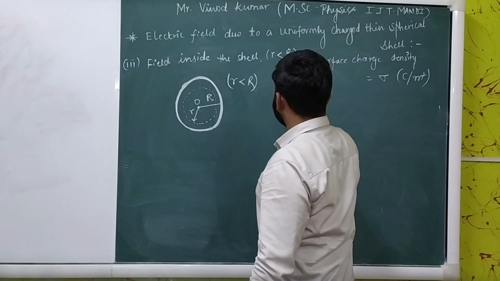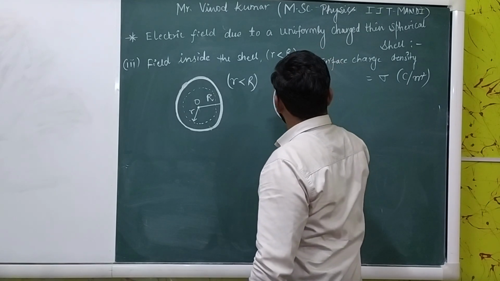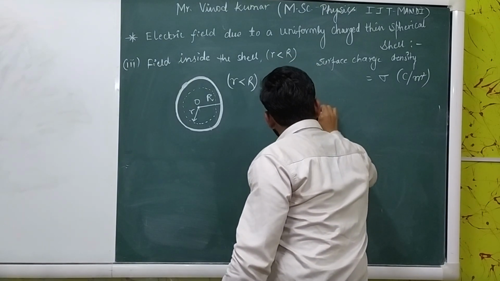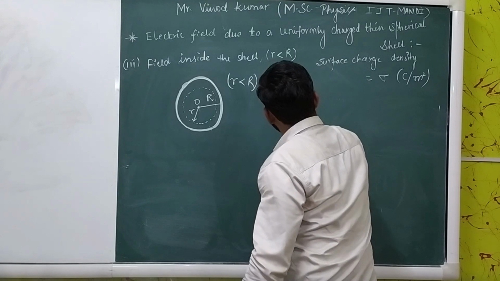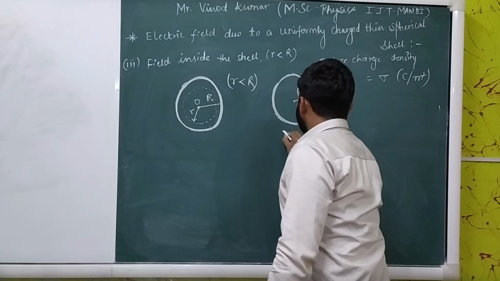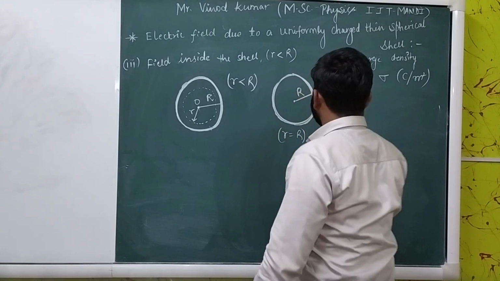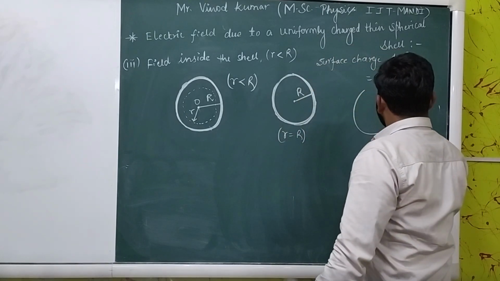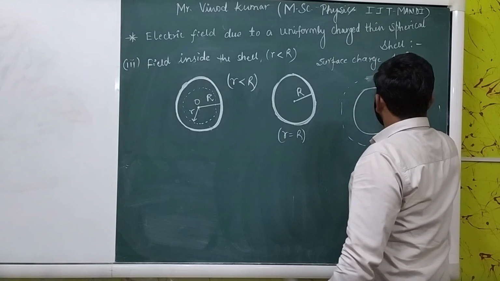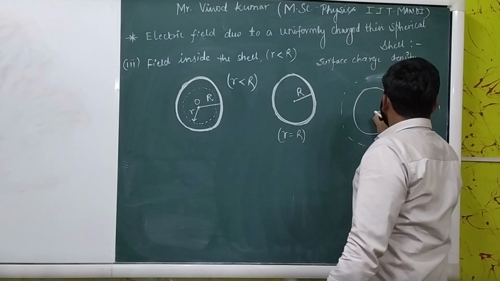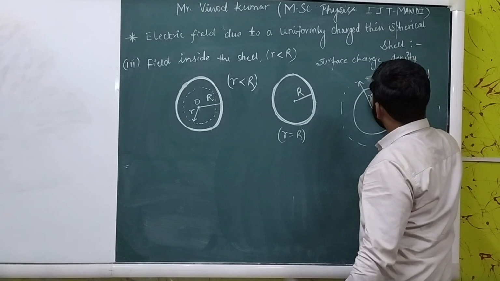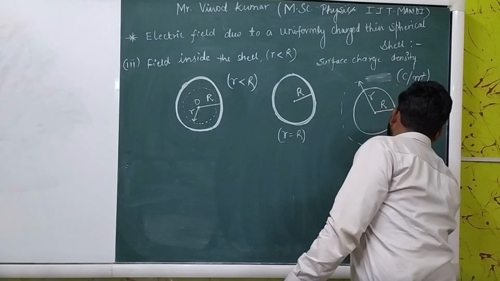The second case is at a distance equal to the radius of the cell, at r equals to R. And the third case is outside the cell, where the radius r is greater than capital R.